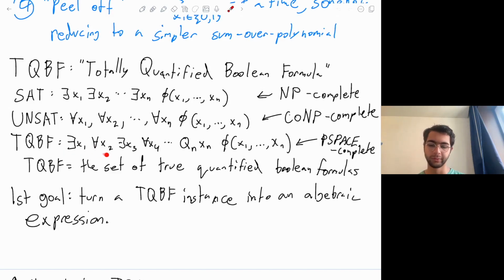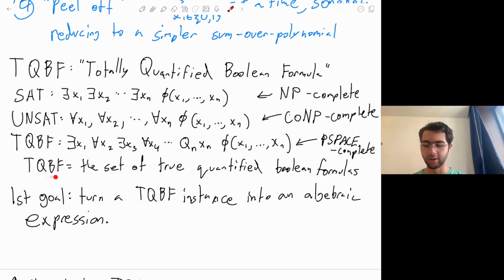So it's exists x1 such that for all x2, such that exists x3, for all x4, etc., until the last quantifier, which we'll call Qn, Q for quantifier, and then some Boolean formula on those n variables. Whereas SAT is NP-complete and UNSAT is coNP-complete, TQBF is PSPACE-complete. And the proof for that I'll leave to you. It's not so bad, and you can look it up also if you need.